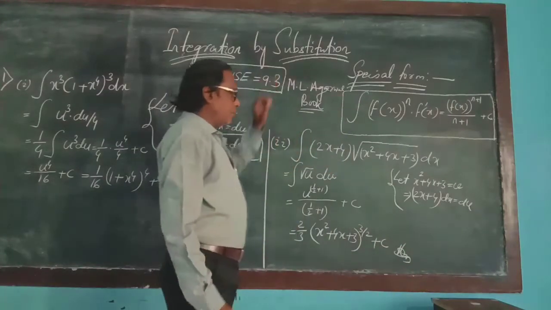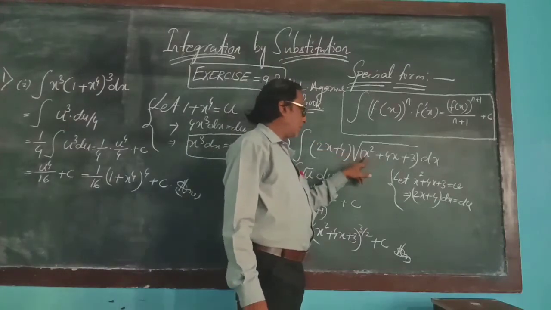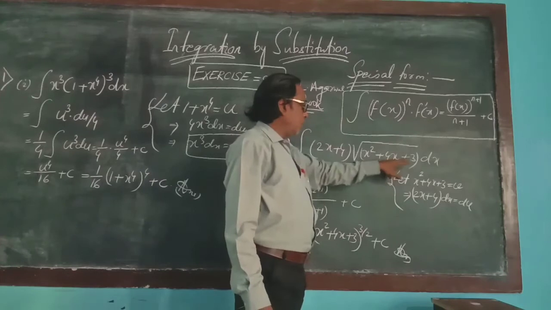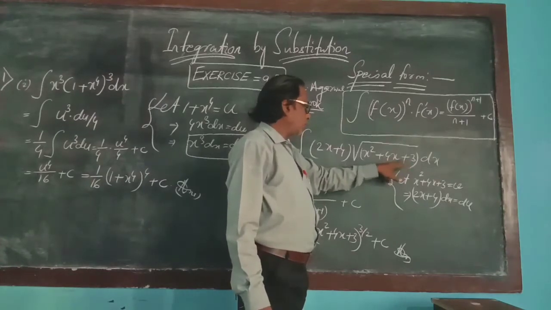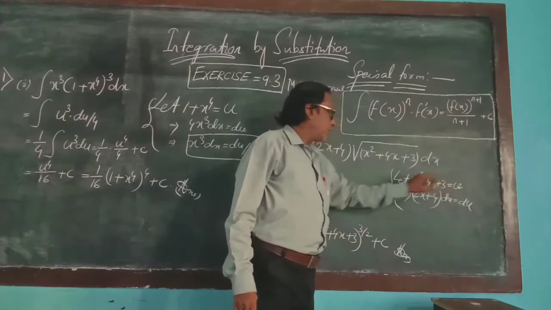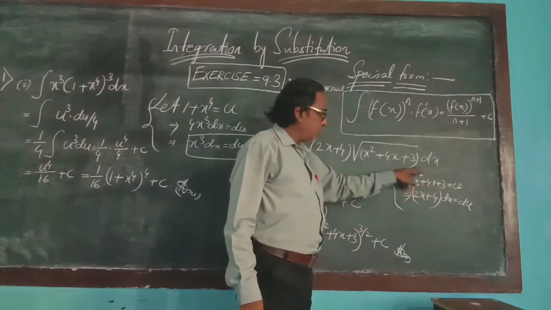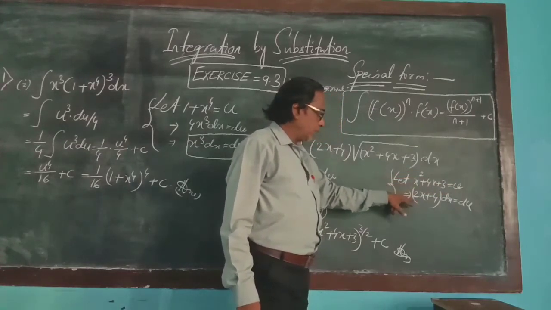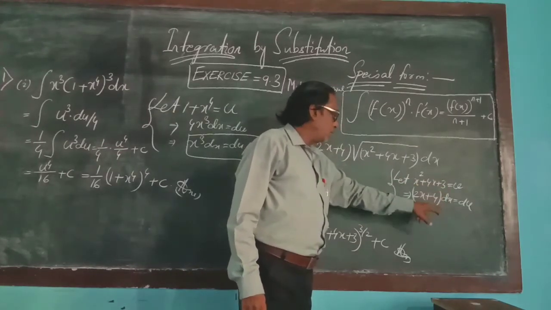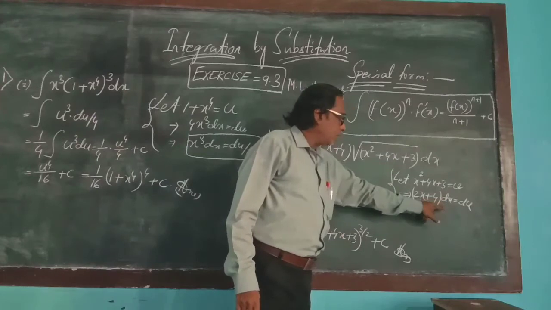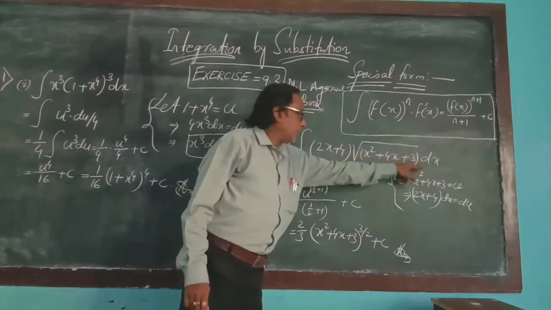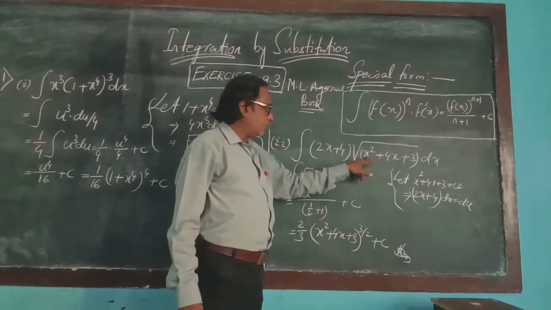Let me explain again. Inside the root x square plus 4x plus 3 is given, you have to substitute this part as u. Some books write t, I am writing u. The derivative of x square is 2x, of 4x is 4, and the constant is 0. 2x plus 4 whole dx equal to du. Just putting the value of 2x plus 4 whole dx as du, and this is nothing but u.